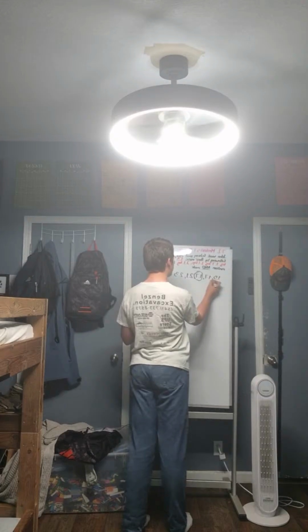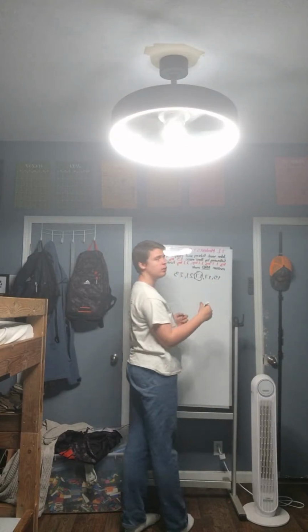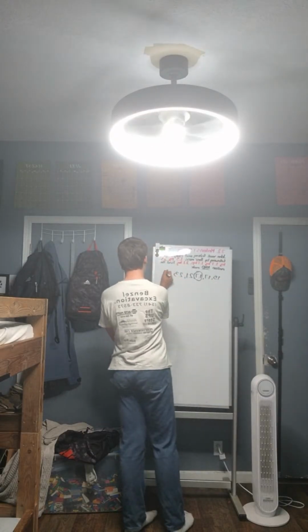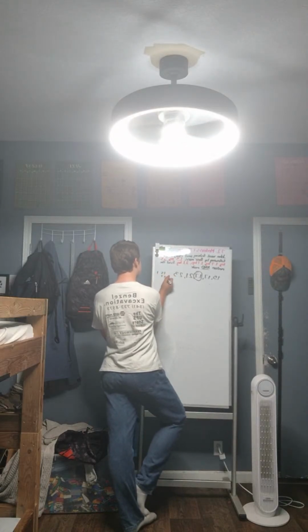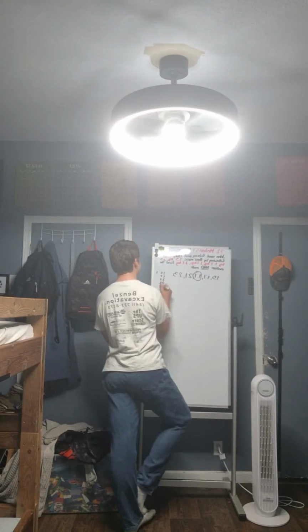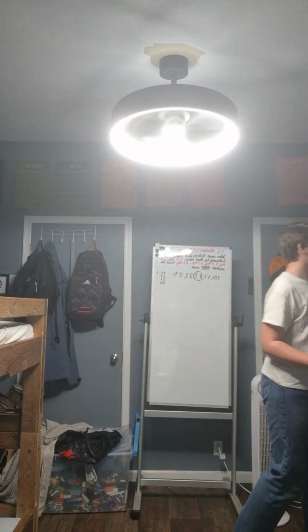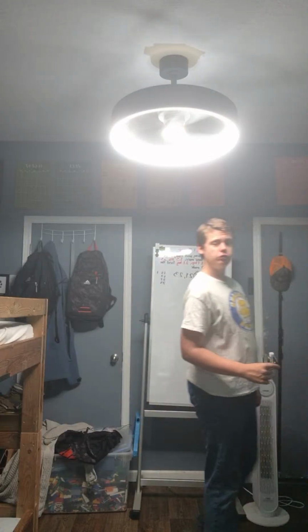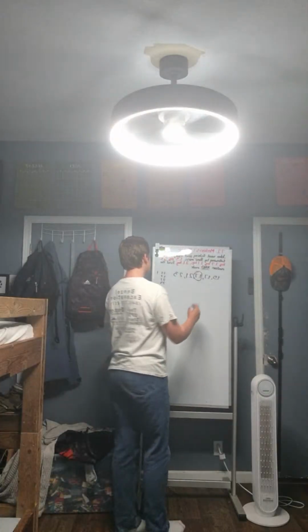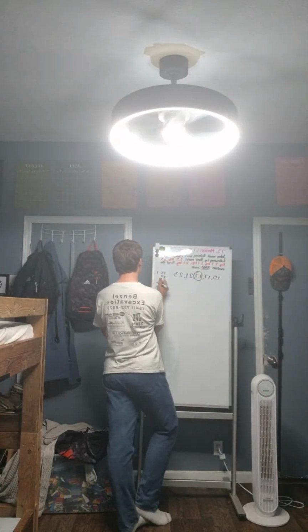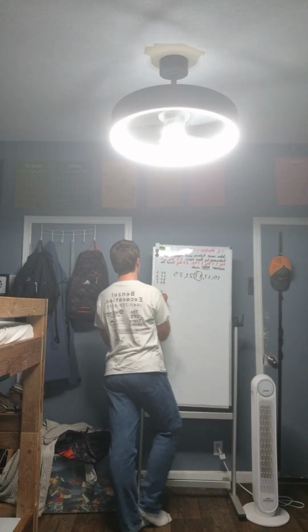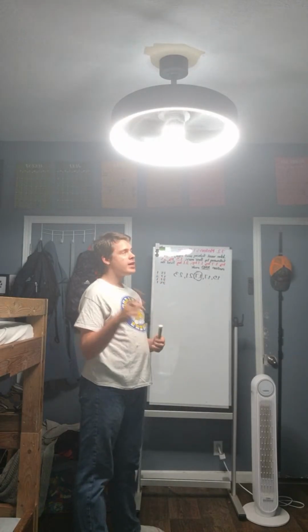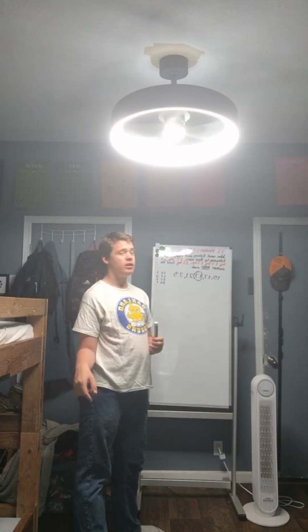Okay, so we have 1.5. How many times was it said? 1. Then 1.7, 2.1, 2.3. So 1.7 was said 2 times. Then 2.1, 1, and 2.3, 1. So the median is 1.7.